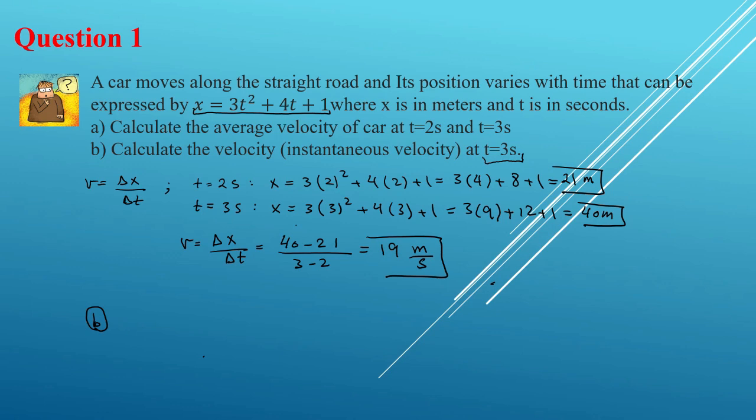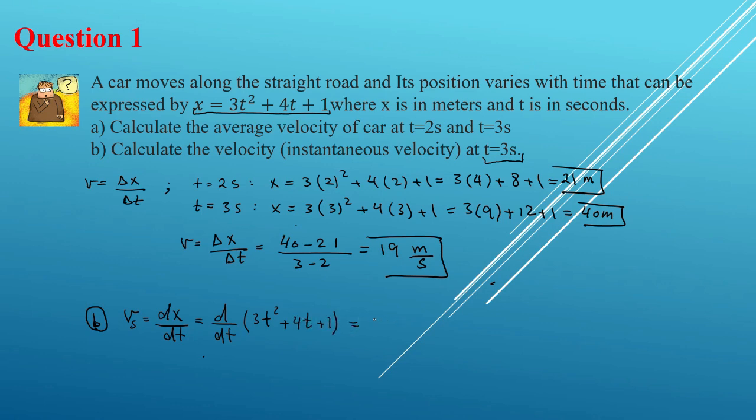So for doing that, the instantaneous velocity is going to be v equal to the derivative of x with respect to time, right? So I'm going to take the derivative of the motion equation, which is 3t squared plus 4t plus 1, right?